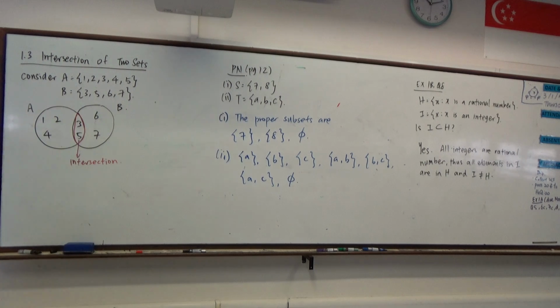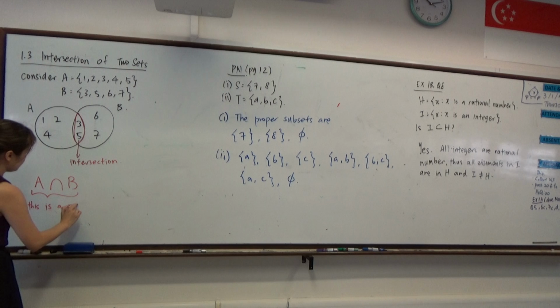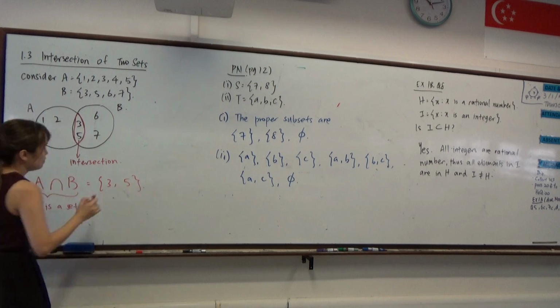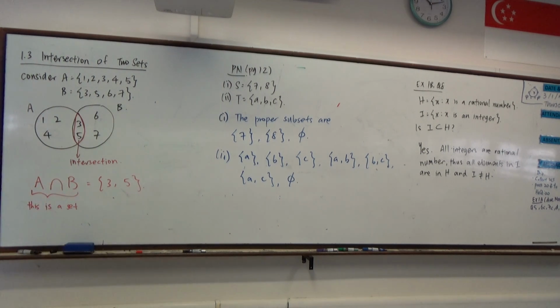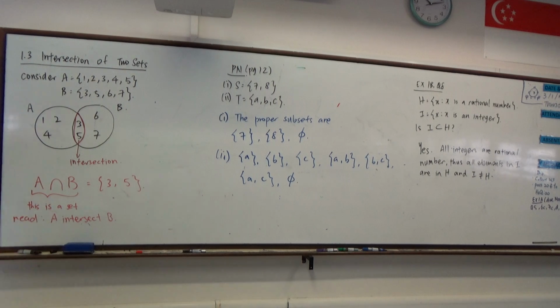To denote this part, we use the notation A, and then this inverted U kind of symbol, so A intersect B. This is an entire set on its own, and the elements in A intersect B will contain 3 and 5. So when we read this symbol, we read it as A intersect B.